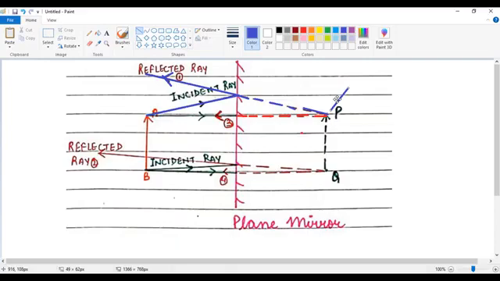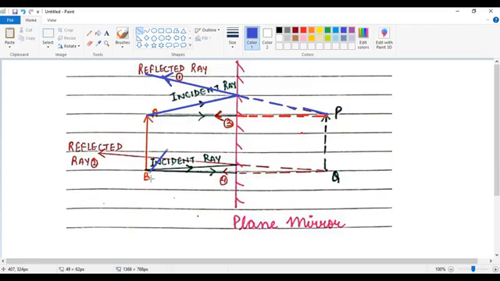As we have done in the upper point A, in the same manner, we will draw the ray diagram of reflected rays from point B also.